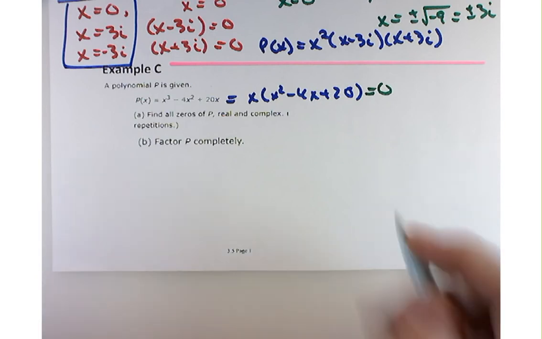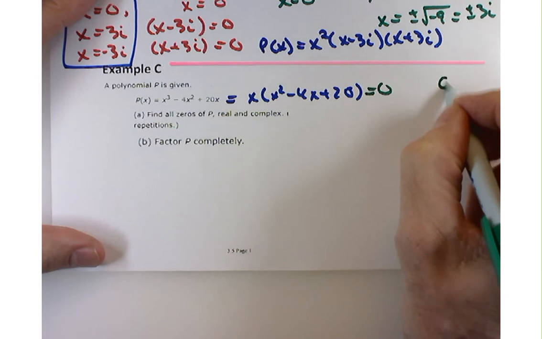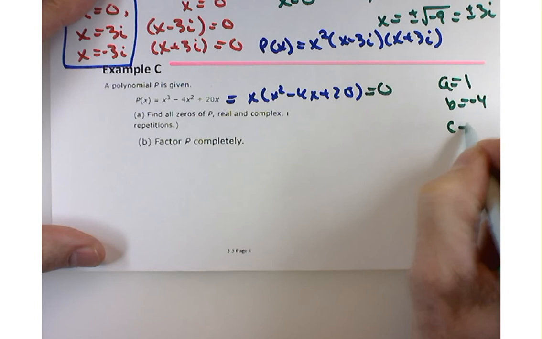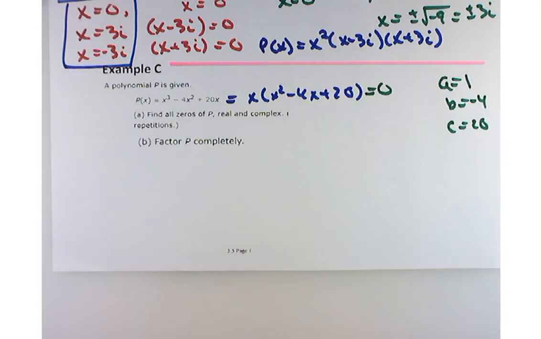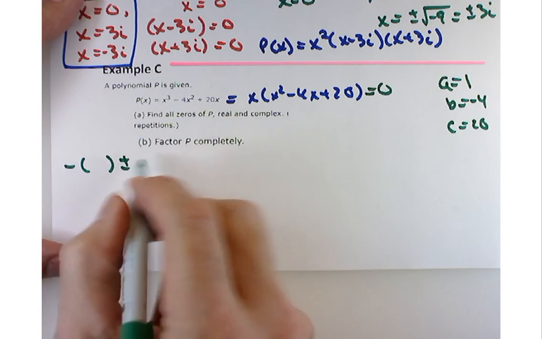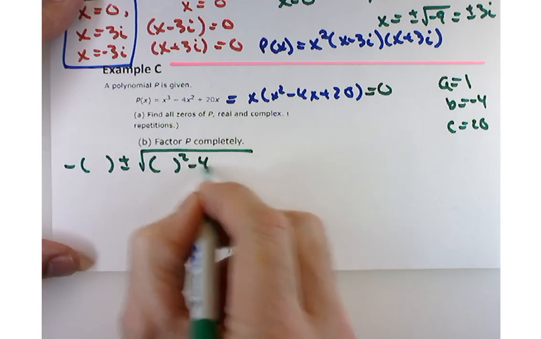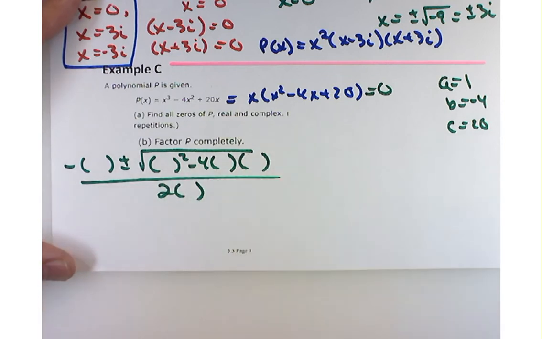Quadratic formula. Now, let me give you a little suggestion here with regard to the quadratic formula. Whenever you have a negative value for b, take the time to write the quadratic formula with empty parentheses first. So like negative of parenthesis plus or minus the square root of parenthesis squared minus 4 times parenthesis, divided by 2 times parentheses.